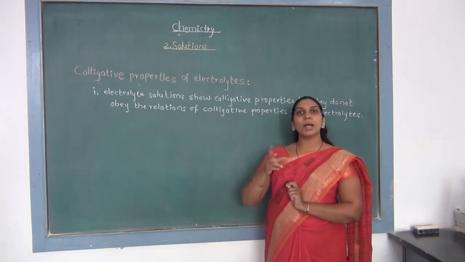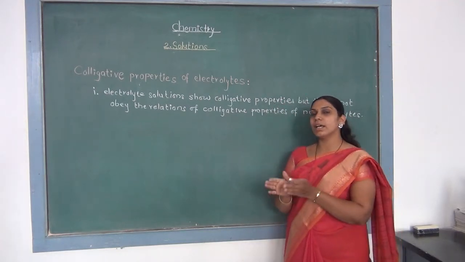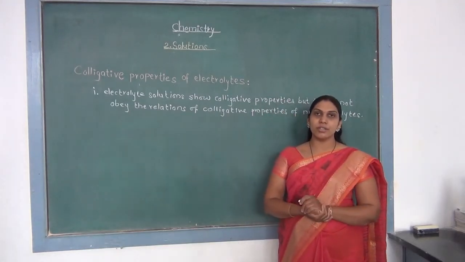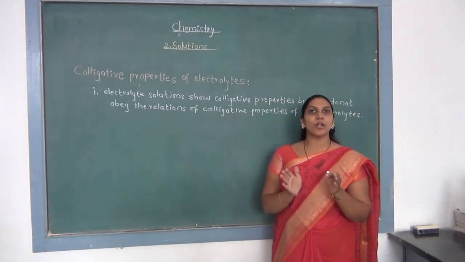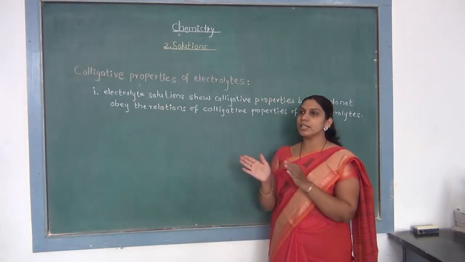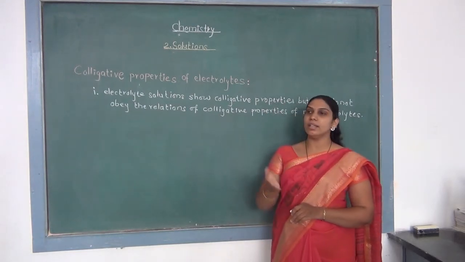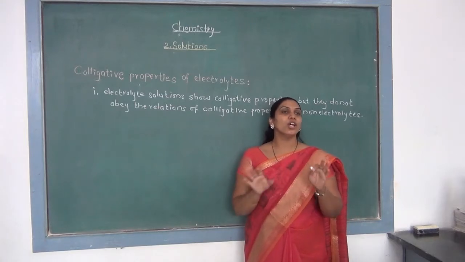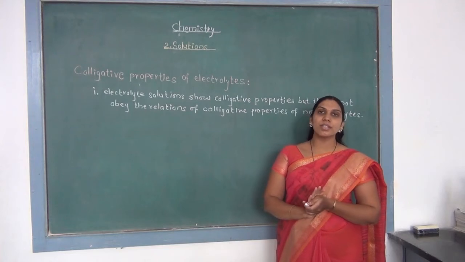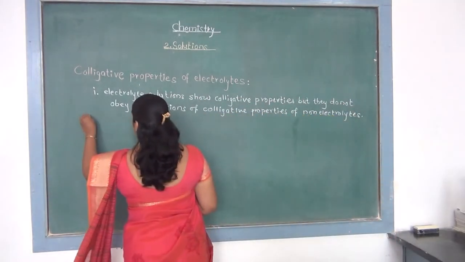That means if we compare two solutions, one a solution of an electrolyte and another a solution of a non-electrolyte having the same concentrations, and we study the colligative properties of both solutions, you will find that the colligative properties of the electrolytic solution are higher than those of the non-electrolyte solution, given that the concentrations are the same. This is the second observation.